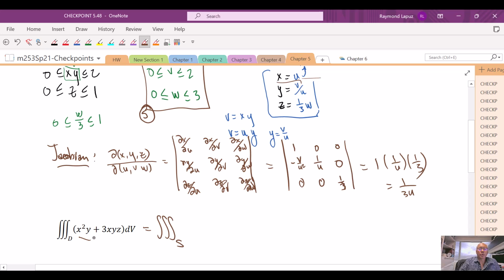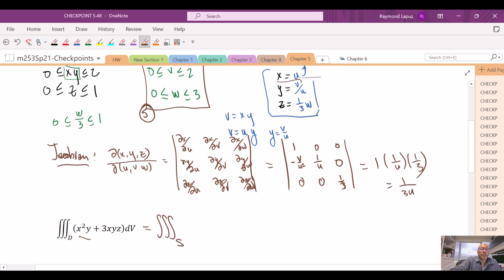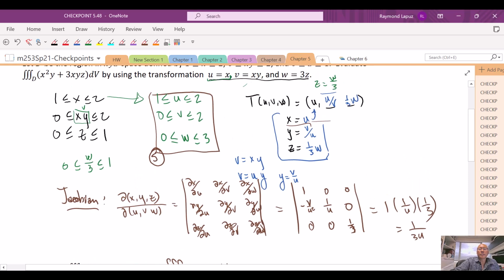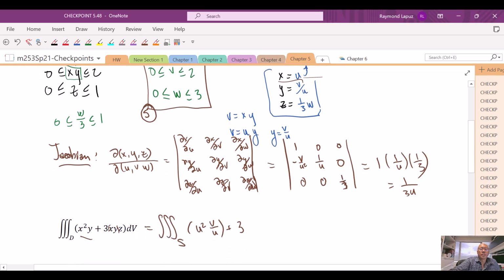We have x squared y, so our transformation here: x squared is going to be u squared, and y is going to be v over u. And then plus 3xy. Now xy is v, right? We had that transformation. xy is equal to v, so that's just going to be v.